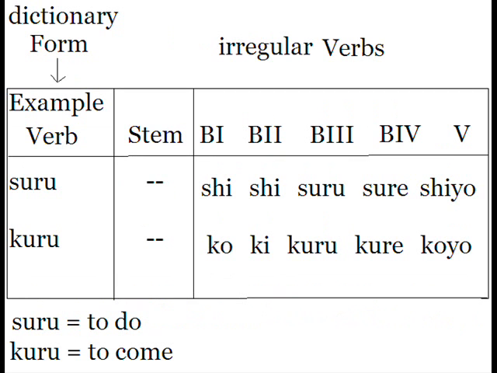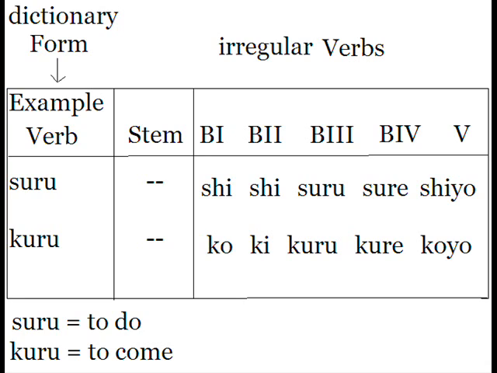Okay, well, let's go over the irregular verbs, which are suru and kuru. Now, suru and kuru, technically, don't have a stem. Depending on the situation grammar-wise, you will put the whole word in a different conjugation. So, for example, suru, base 1 form is shi, base 2 form is shi, base 3 form is suru, base 4 form is sure, and base 5 is shiyo.